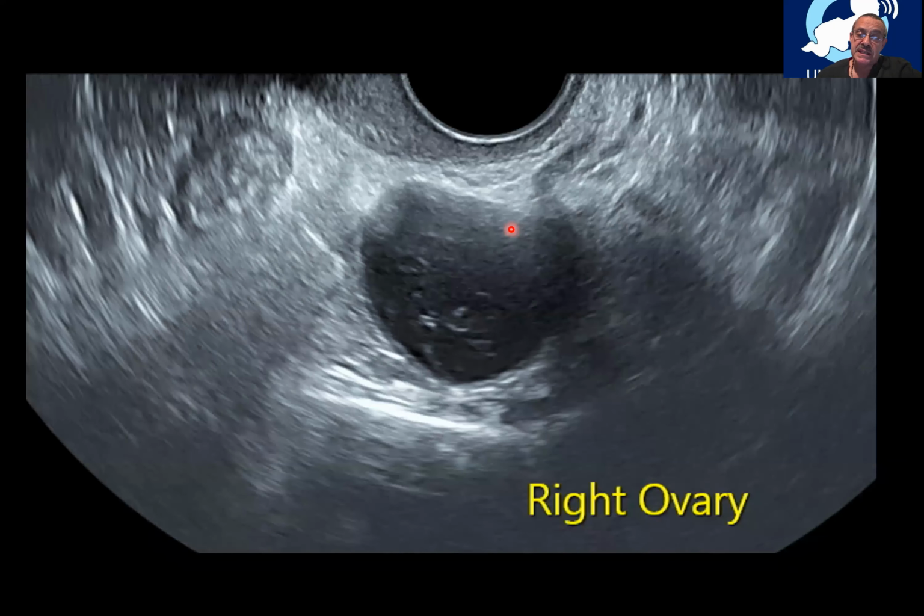So whenever we see complex things on the pelvis, we should consider the diagnosis of endometriosis. The other mimicker, especially if you're not skilled enough, lucky enough, or you don't have a good machine, can be ectopic pregnancy.